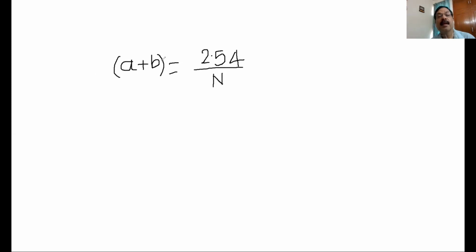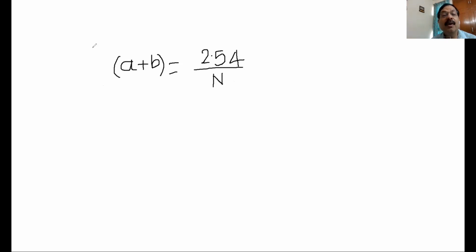To calculate the value of the grating element, it means A plus B. A plus B will be 2.54 divided by this capital N. Here N is the number of rulings per inch.